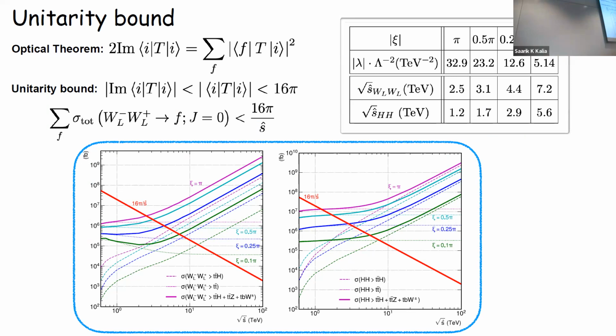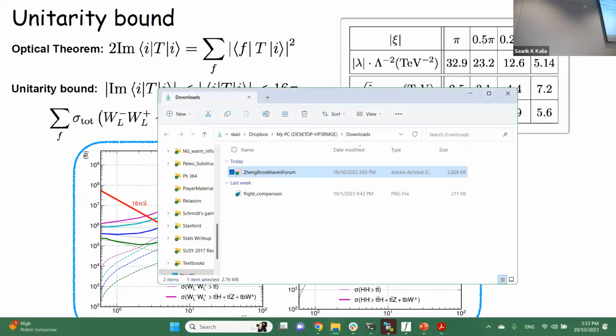So this is our optical theorem. Everybody knows that the imaginary part of the forward scattering amplitude is the sum over every final state, starting from the same initial state, that has the same quantum number. This is standard. The important thing is that the initial state should be J equal 0, spin 0, and also this whole amplitude should be spin 0.